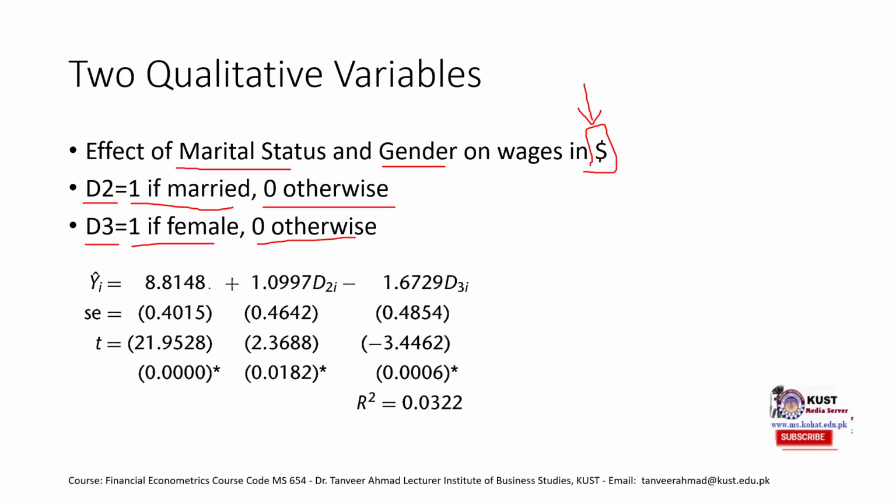So how would we interpret this? Remember, in case of one categorical variable, we would say that the value of the omitted category was in the constant term. But in this case, we have two categorical variables and we have two omitted categories. For example, in case of D2, the omitted category is being single.